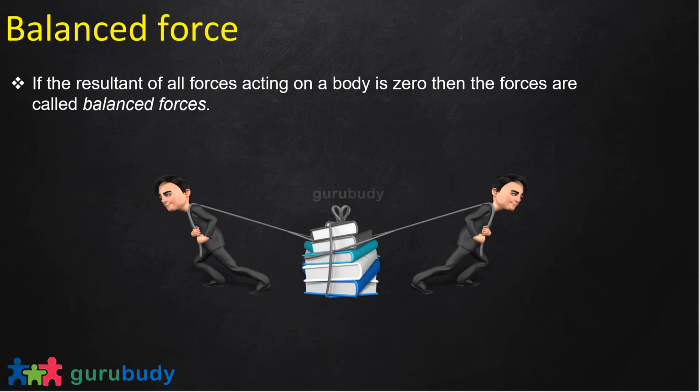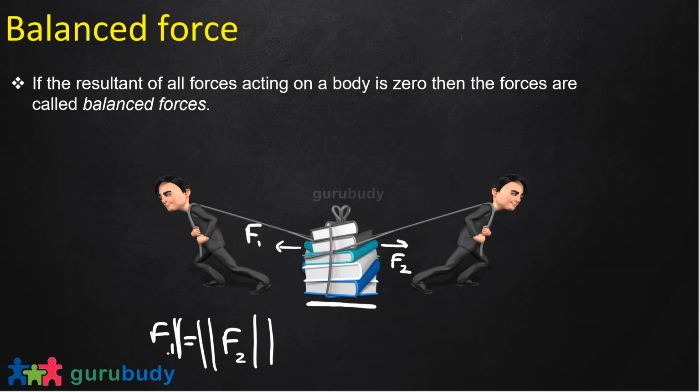You see two people trying to pull this pile of books. Let's say this person is applying the force F1 and this one is applying the force F2. If F1 is equal to F2 in magnitude, and the direction is opposite, so if F1 is in the west direction, then F2 is in the east direction, then F1 plus F2 would be 0.